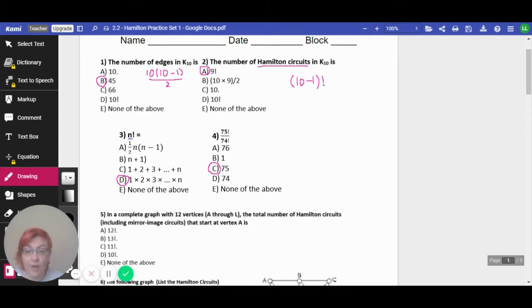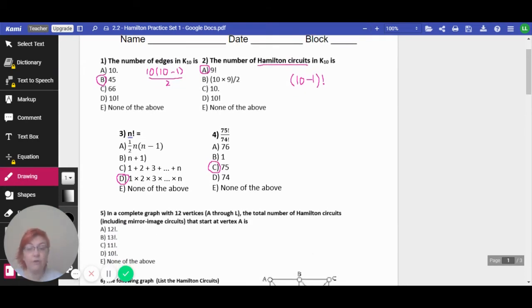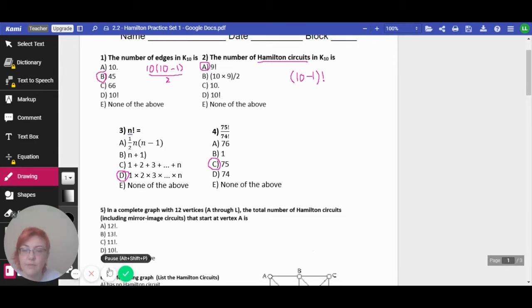All right. In a complete graph with 12 vertices, what is the total number of Hamilton circuits, including mirror image circuits, that start at vertex A? Well, I know that n is 12.